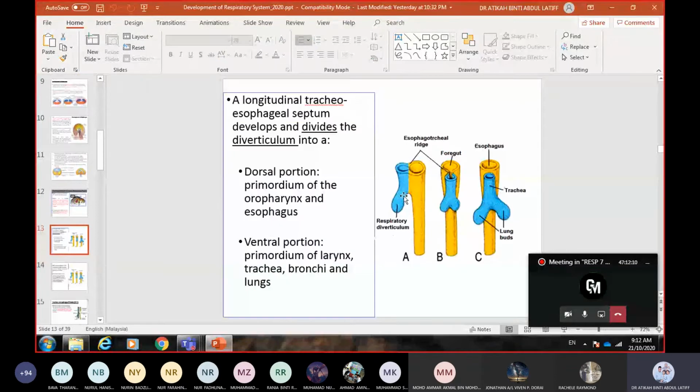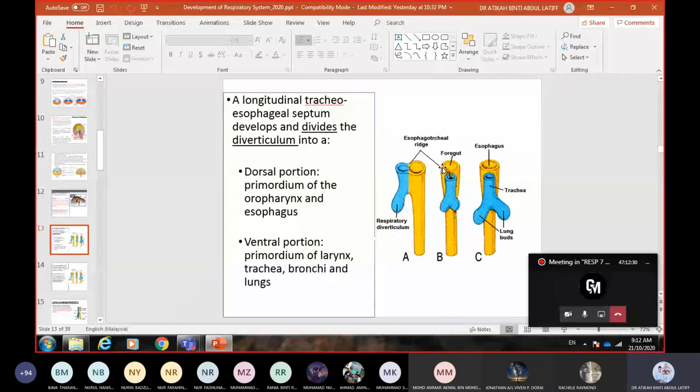If you see here, this is a side view and this is an anterior view. This is part of the foregut, and the caudal part here comes out and forms this respiratory diverticulum. This is the anterior view.